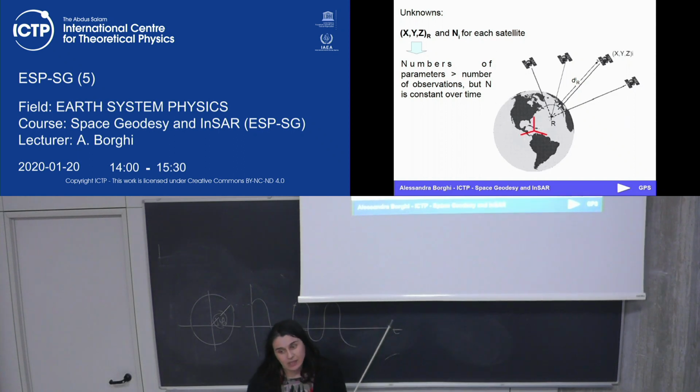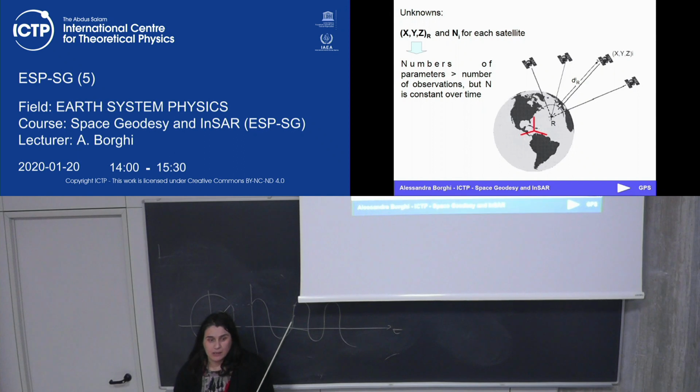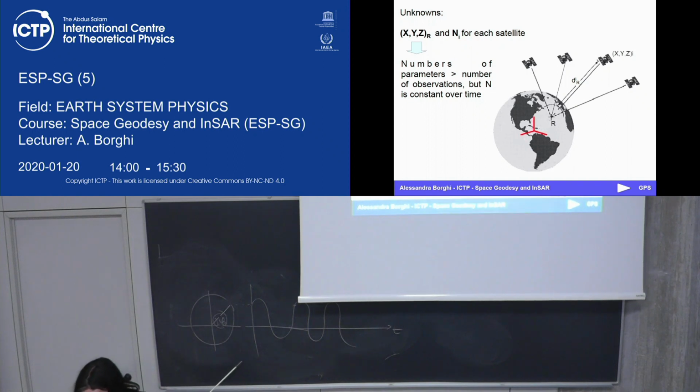So increasing the number of satellites doesn't allow us to solve the problem, because for each satellite we have to introduce another unknown, the number of cycles.